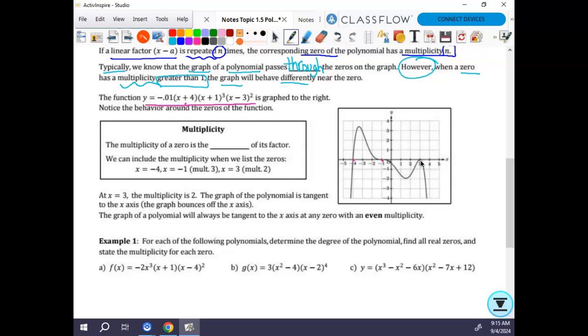So let's talk about this wiggle a little bit. This function has 2 relative maximums, one right here and one right here. There's not a maximum or a minimum right there, okay? Because remember, maximums and minimums occur when you change from increasing to decreasing or vice versa, right?